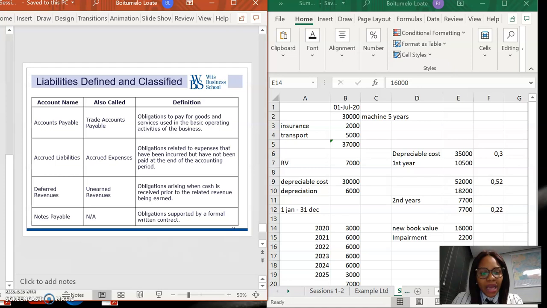If you've got accrued liabilities, accrued expenses, these are expenses that you've already incurred, you've already used up in your income statement, but you had not recognized them as an obligation. So at the end of the year, you want to say, I still have an expense that is due to either A or B, and I want to reflect that obligation. In that instance, your accrued liabilities or accrued expenses will also be reflected as a current liability.